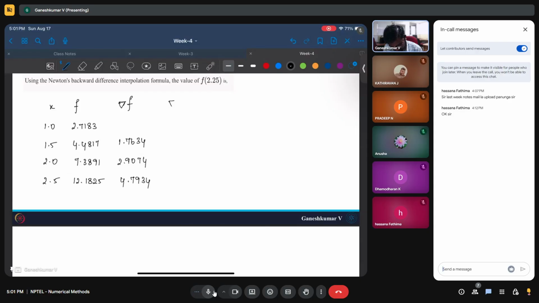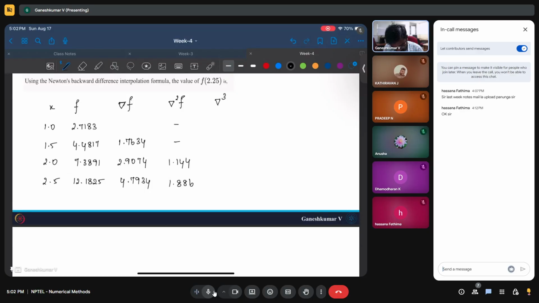Now you can also find del square f. That is going to be 2.9074 minus 1.7634. Here you do not have a value. So it will be 1.144, and 4.7934 minus 2.9074 is 1.886.